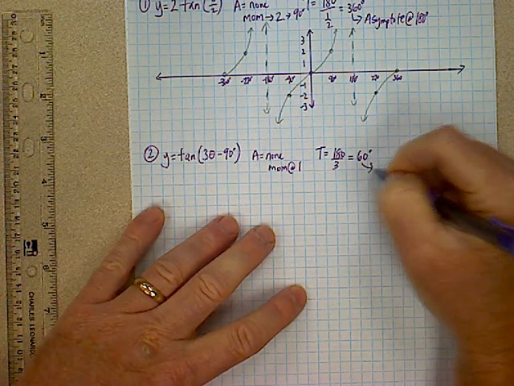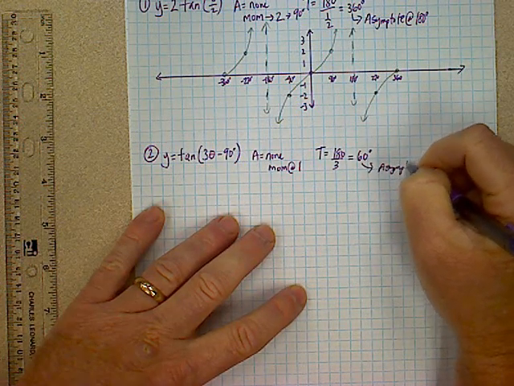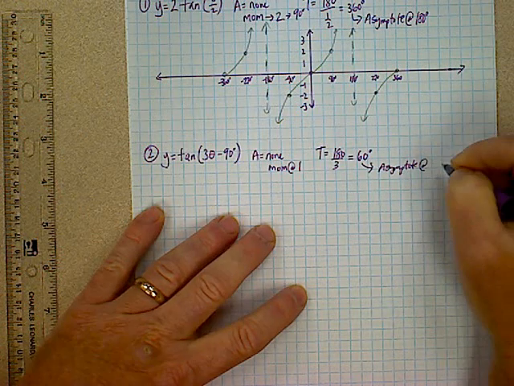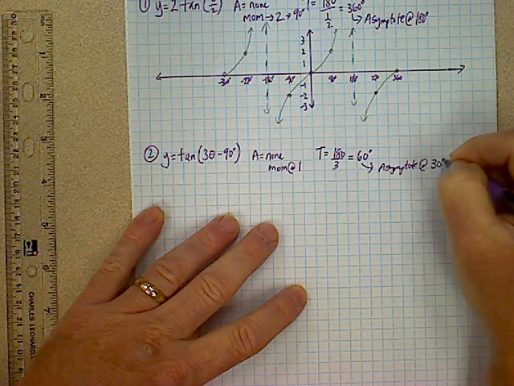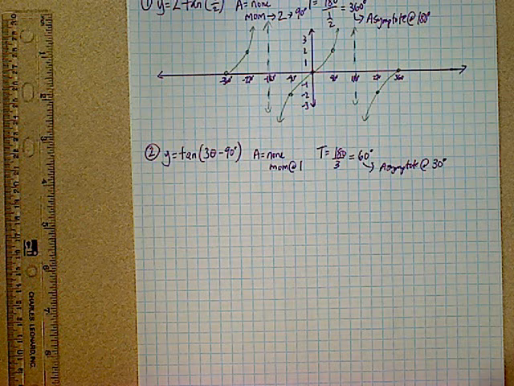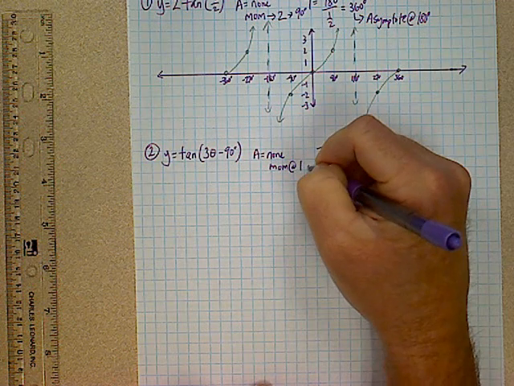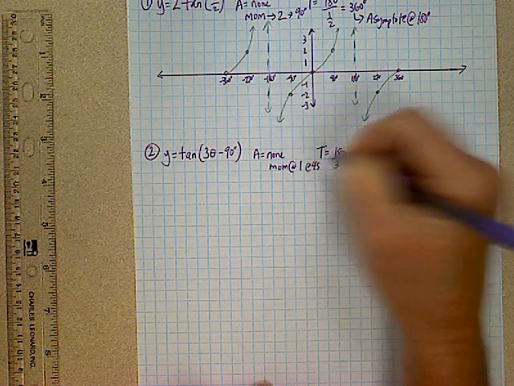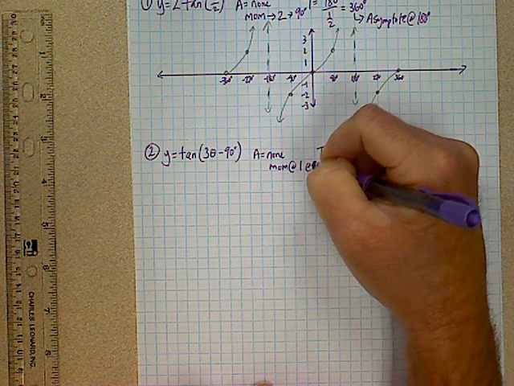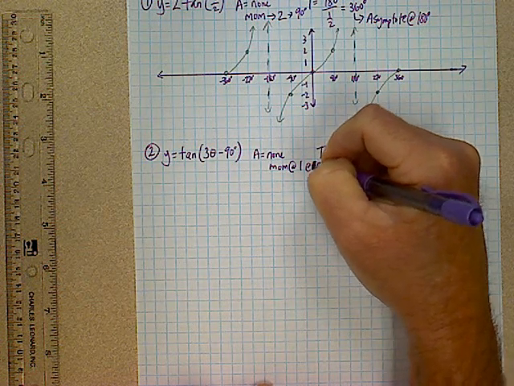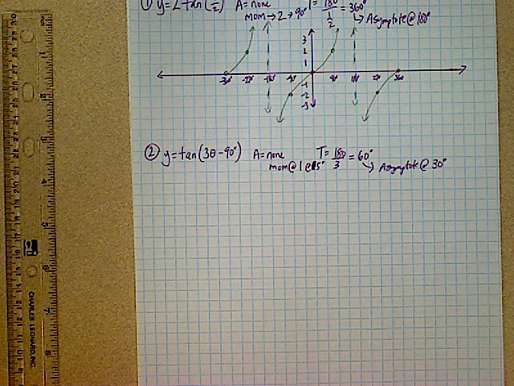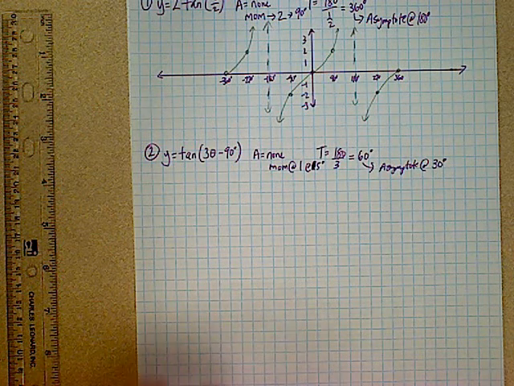So that means that our asymptote is at 30 degrees, which means our middle of the middle will be at 15 degrees. So that might affect how we scale a little bit.